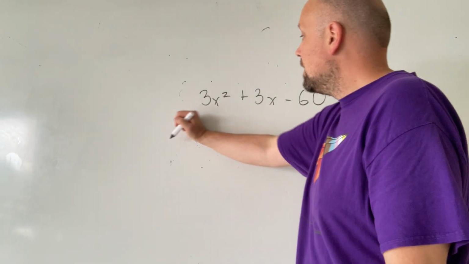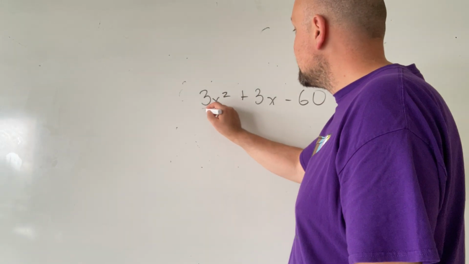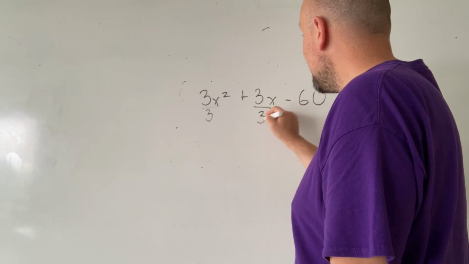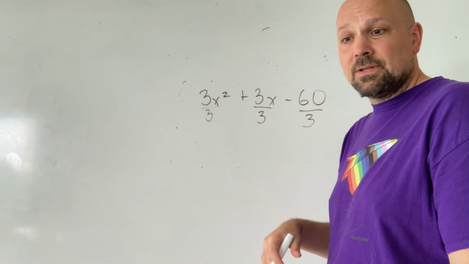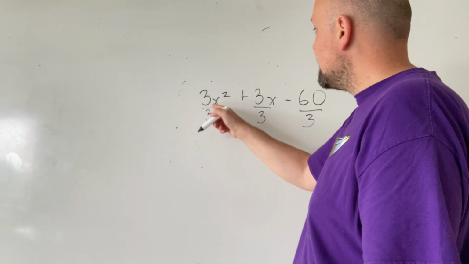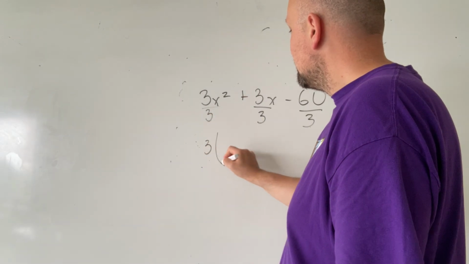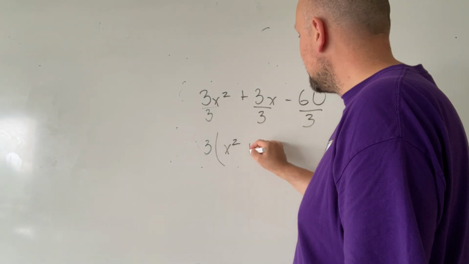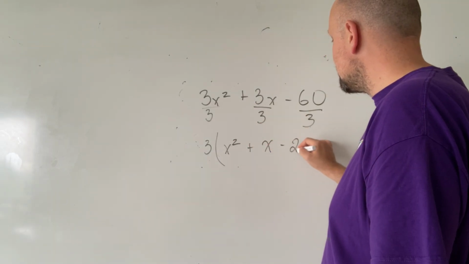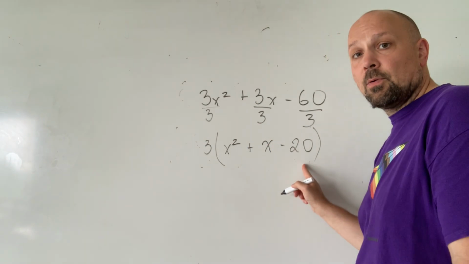But if I look, there is a common factor of 3. So if I can common factor first, it makes my numbers a lot easier to deal with, right? So if I divide a 3 out here, so I take a 3 out, and then I'm left with x squared plus 1x minus 20. Okay, these numbers are a lot more manageable.